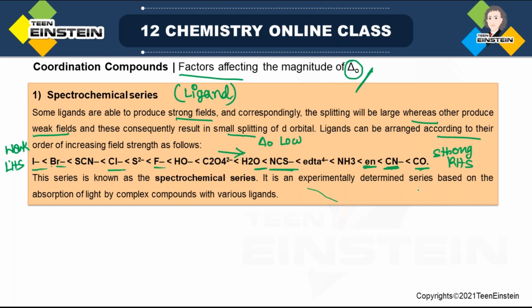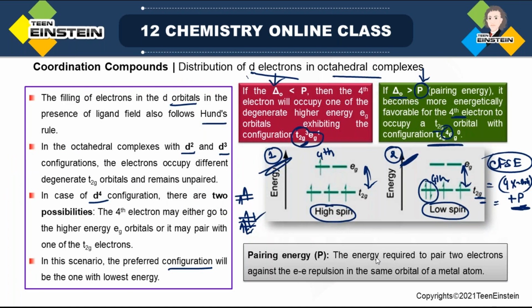That means you can expect that a low spin complex will be favored. Remember, low spin complex is where we consider pairing. Just look at the green box. It is low spin because the del O value is very high, so you are bound to do pairing.